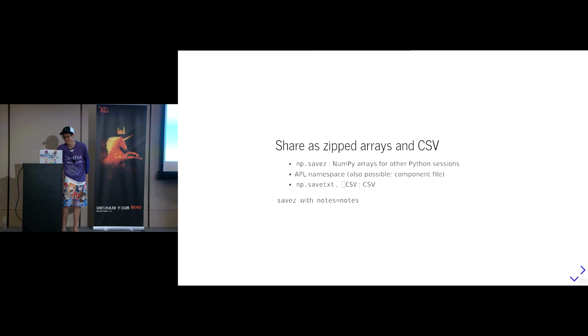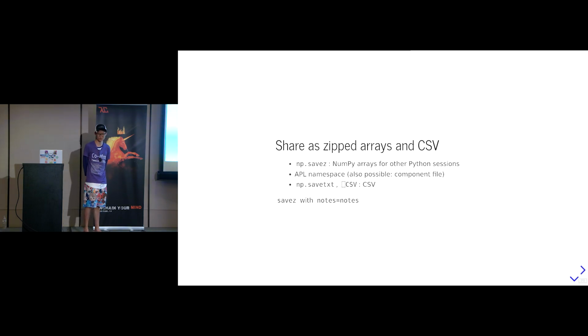Okay, let's share our data. So we are exporting in 3 ways. On the NumPy side, we're saving as a NumPy array that you can read with NumPy. An APL namespace, which does similar things.